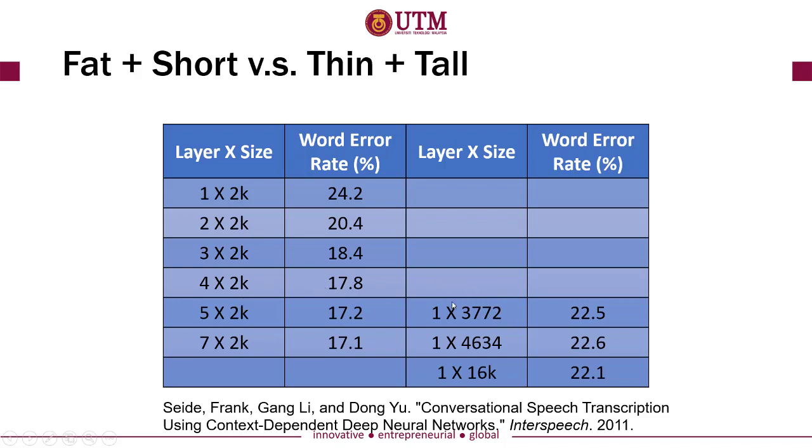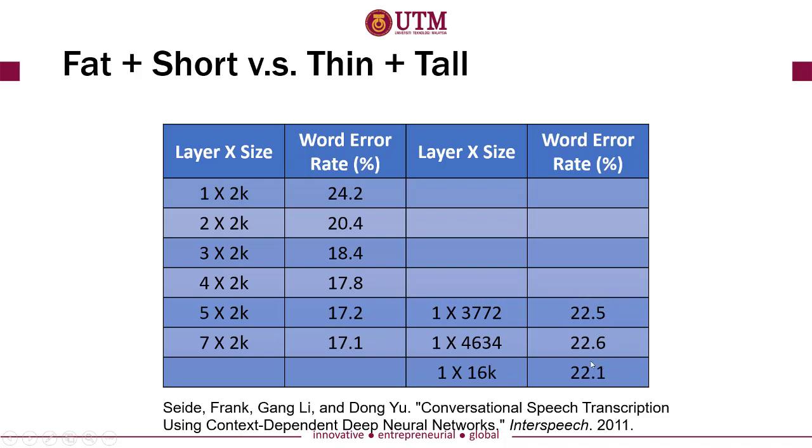For example, increasing from 3000 to 4000 neurons makes the word error rate a little bit worse, because the percent increases by 0.1%. But once they increase to 16k or 16,000 neurons in one layer, they achieve an error of 22.1%.